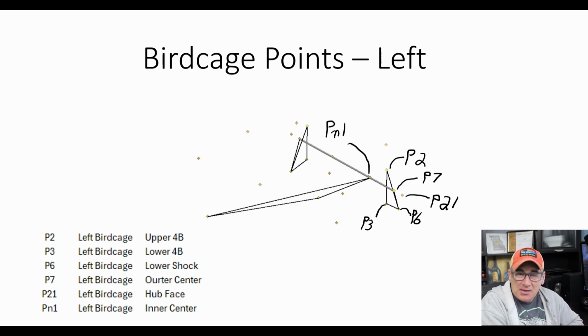Or if you can sweet talk your birdcage manufacturer into giving you those dimensions, which is highly unlikely, but if you have a good relationship with them, who knows? They might give you those data points, and you could plug those in as local coordinates in that local coordinate system. And so those are the left side birdcage points.